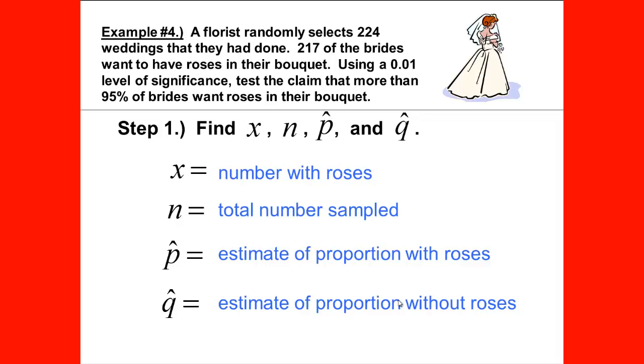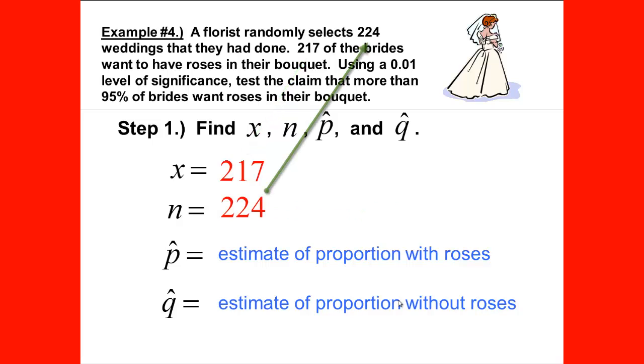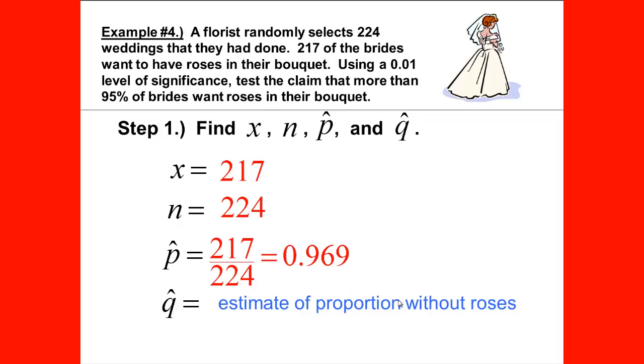So the number with roses is 217. The total number sampled, 224. So how do we estimate the proportion with roses? That would be the 217 out of the total of 224. Divide that and round to 3 decimal places, 0.969.